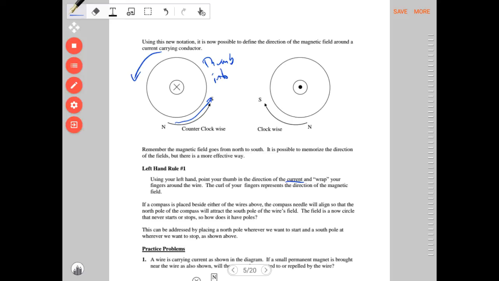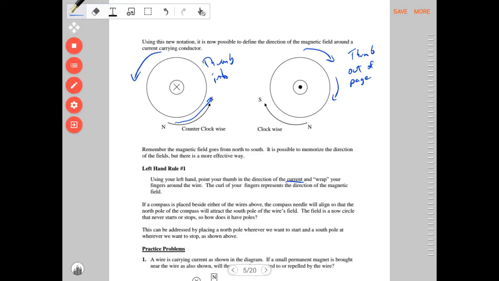Now for the next picture, your thumb points up towards your eyes, so your thumb is out of the page. Again, the orientation of my hand, because I don't want to twist my wrist too much, goes like this, so that is going in the clockwise direction.